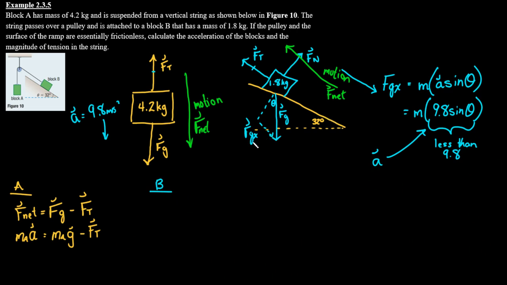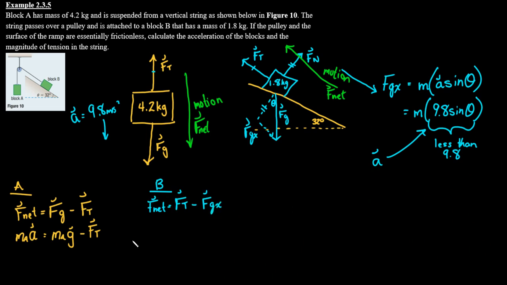So for block B, I'm going to ignore this y direction because we're not really looking at it. We know in the y direction that this force of normal has to equal this force of gravity in the y direction, otherwise it would accelerate right through the ramp. Okay, so in terms of the F net, the force that's actually going to pull this block forward is the force of tension. And then the force that's going to act against it is that force of gravity in the x direction.